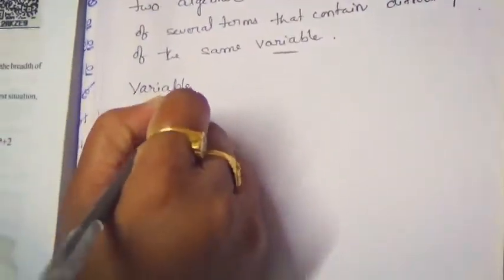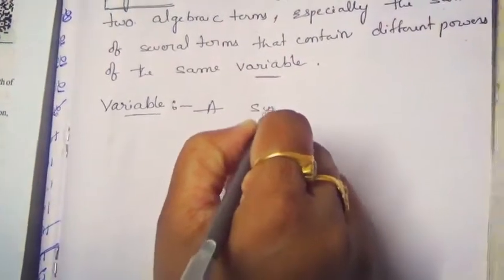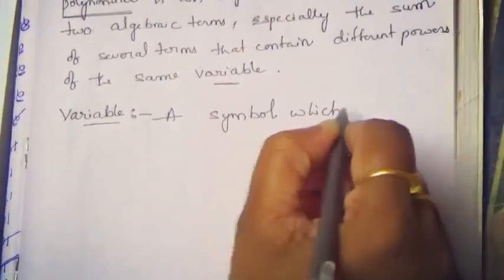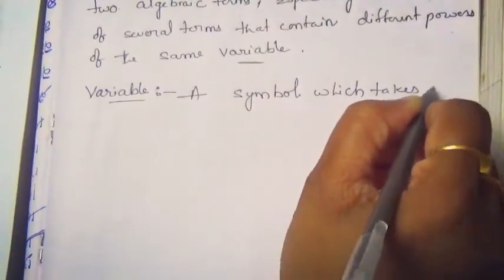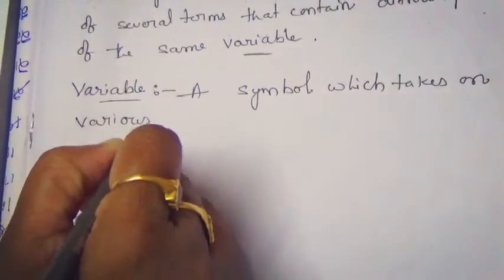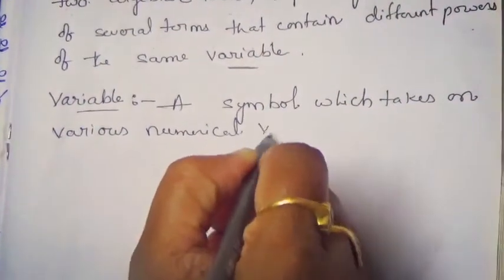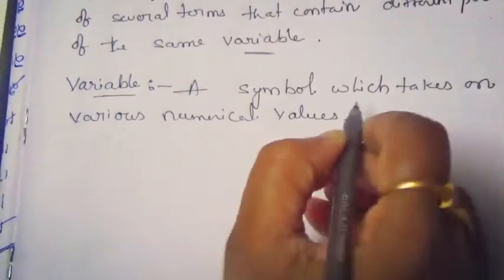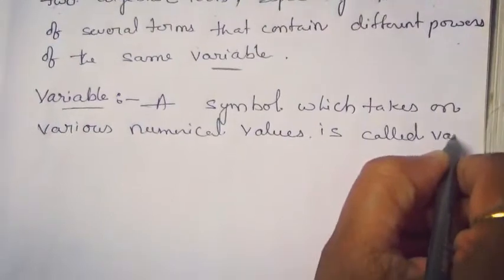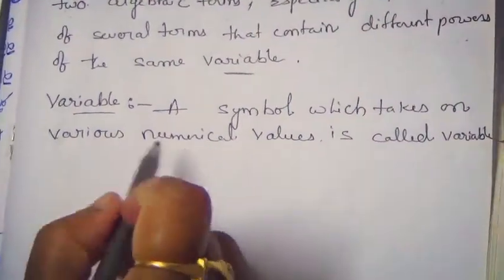Variable means a symbol which takes on various numerical values is called a variable.